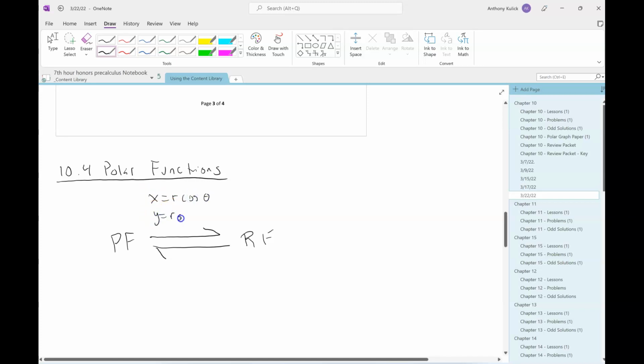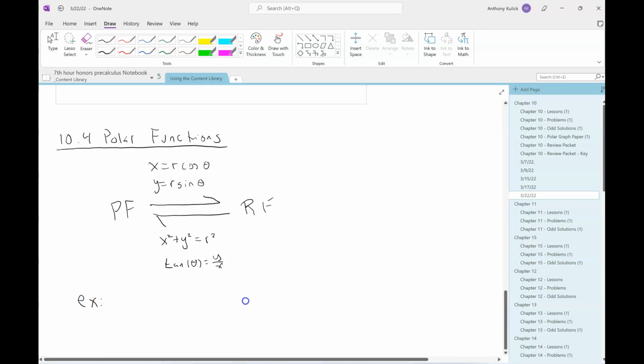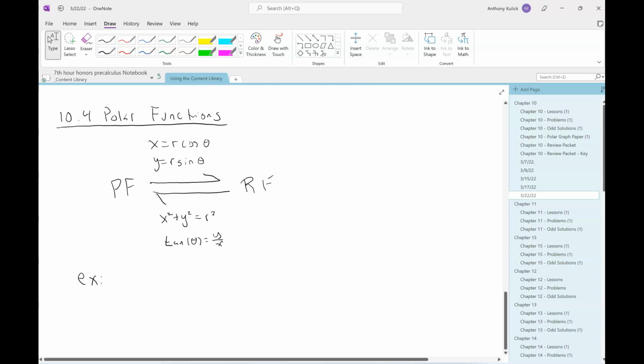So we're using the same information to convert between polar functions and rectangular functions, which is pretty rad because we just get to double use the same set of information here. So it's no real difference. And that's nice. It's just going to be how we apply these little theorems or definitions or equations or whatever you want to call it.